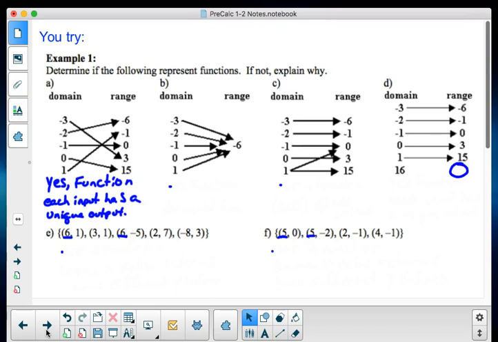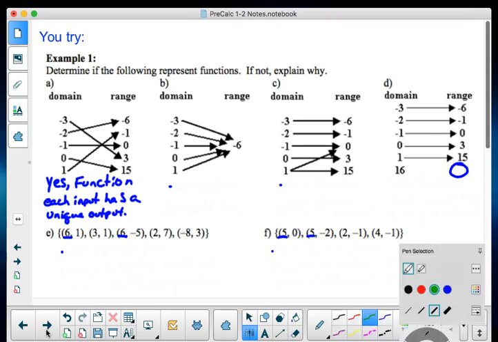Okay, in this next one, I always got people going, oh, boom, this isn't a function. I want you to think of what this might look like. If I go out horizontally -3 and then go down -6, and I go horizontally -2 down to -6, and I go horizontally -1 down to -6, and 0 down to -6, and 1 down to -6, what's this function going to look like?